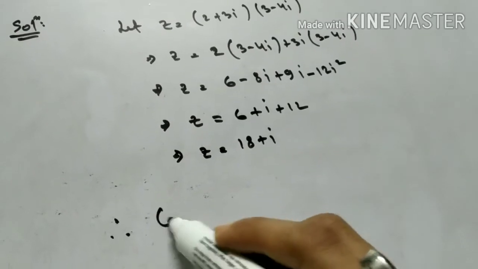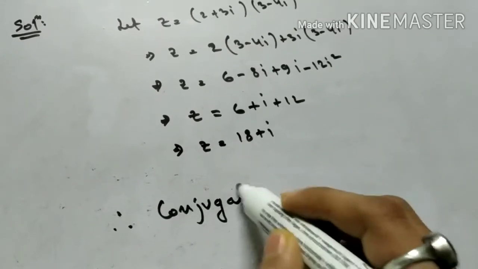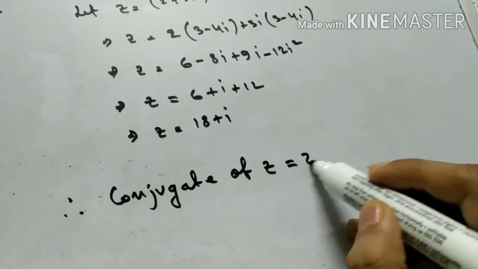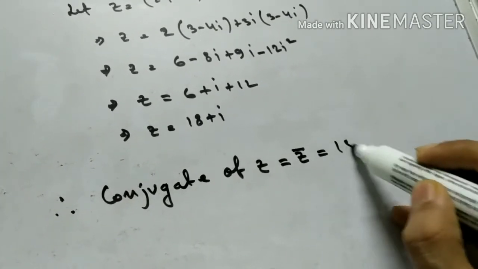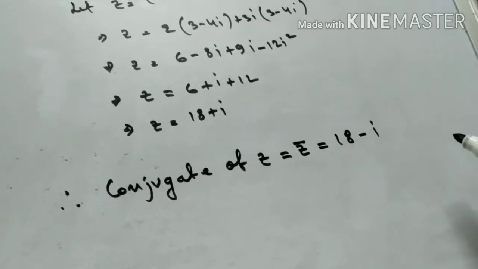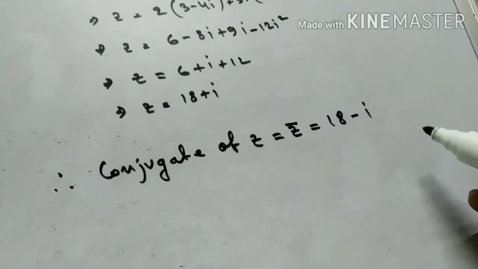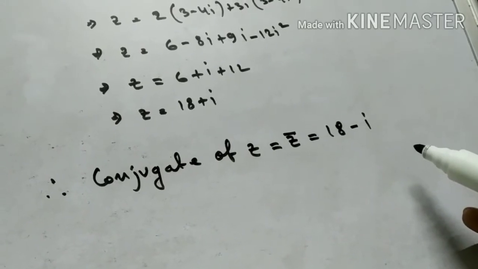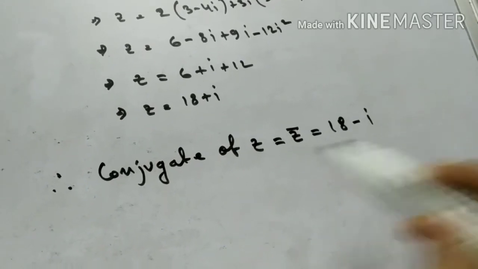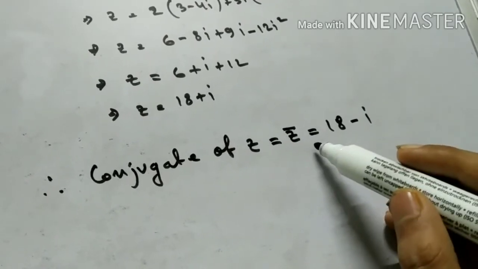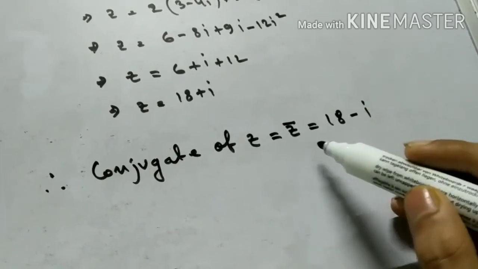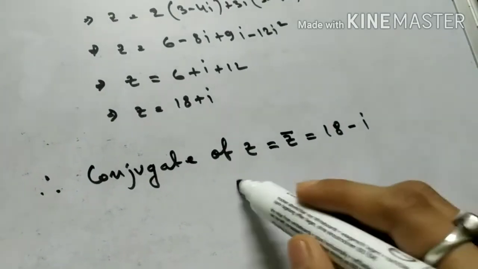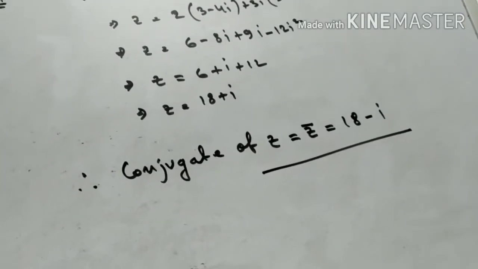So therefore, the conjugate of z, which is z bar, is equal to 18 minus i. This is your answer.